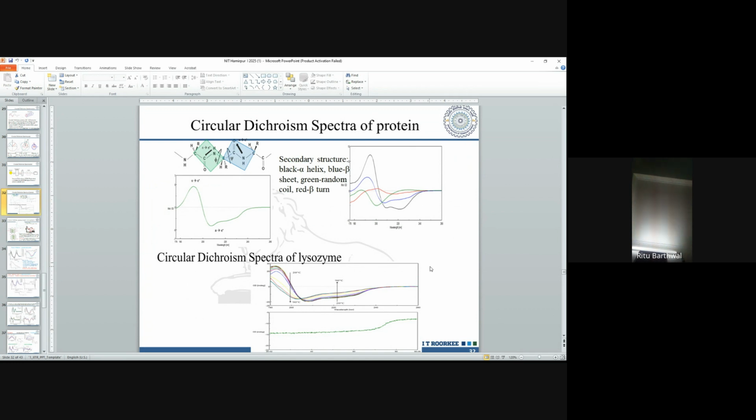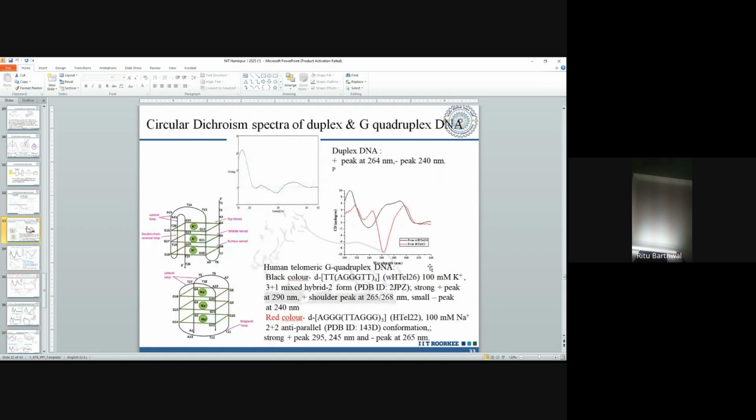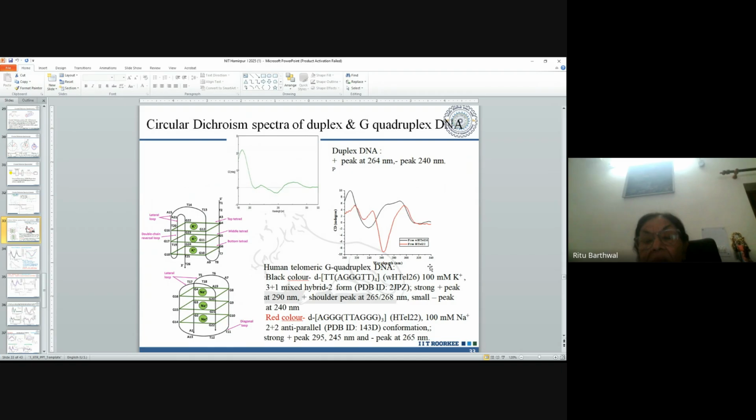Coming to the DNA. This is the duplex DNA. It gives you a peak. This is the one which we did, a negative peak here and a positive peak here. However, now you look at quadruplex DNA. This is 3+1 hybrid DNA, which I told you, human telomeric, and this is in sodium. This is antiparallel 2+2.